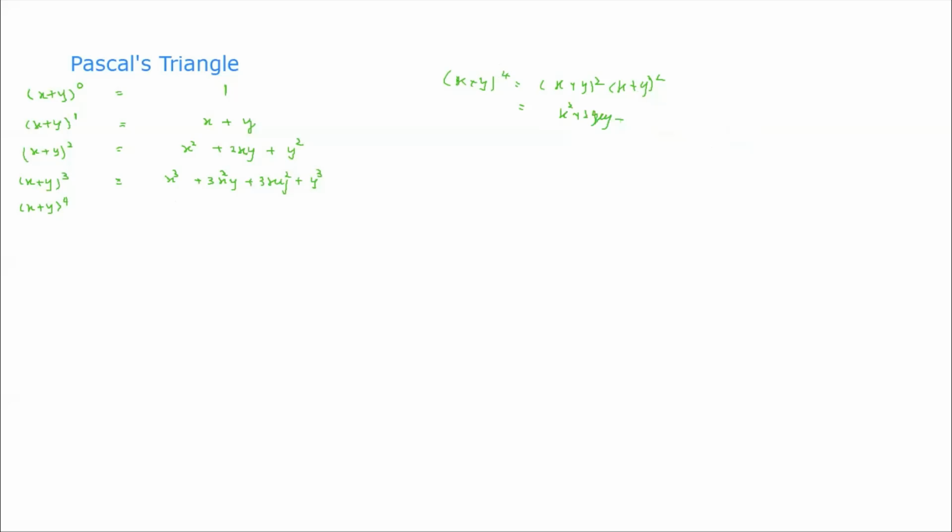Next one. From x plus y, the whole thing to power 4, how are we going to get each term and the coefficients also? Like this one, x plus y power 3: you know the coefficient is 1. The coefficient of the term x squared y is 3.